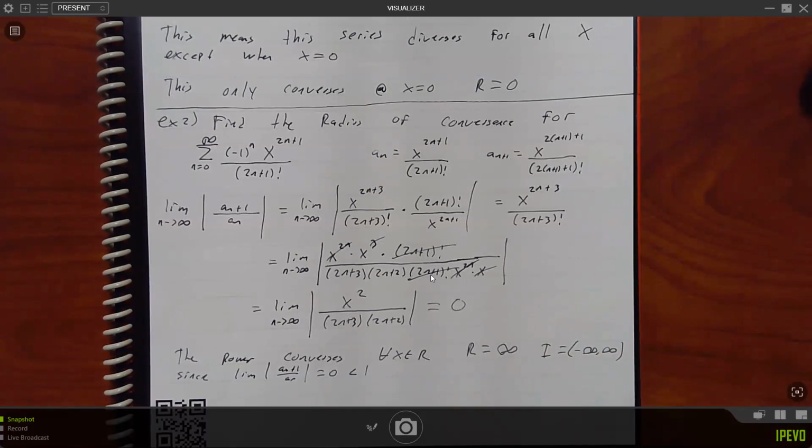It's possible the x doesn't matter, and if that's the case, then we can play whatever we want. Like here, that means that all x's are allowed. In the first example, it only converged when x was 0, meaning it was only a single spot. So the radius was equal to 0, so it didn't go anywhere. This time it goes everywhere. And we also have, I think, in the next example, a specific set of numbers. The other scenario.